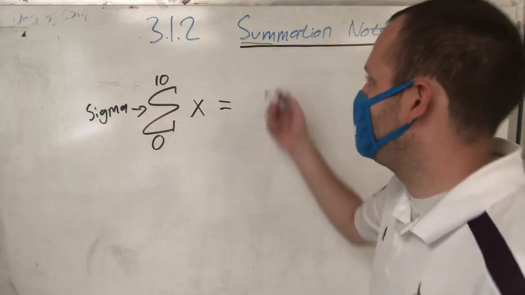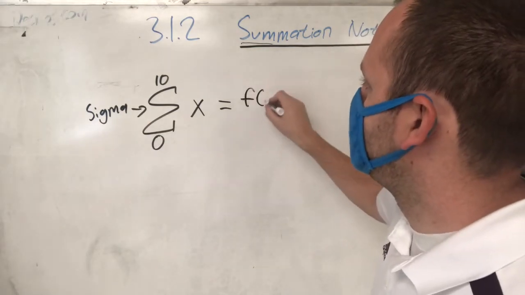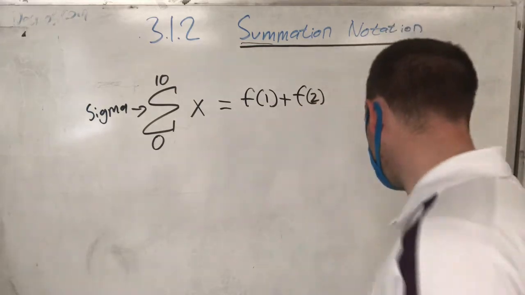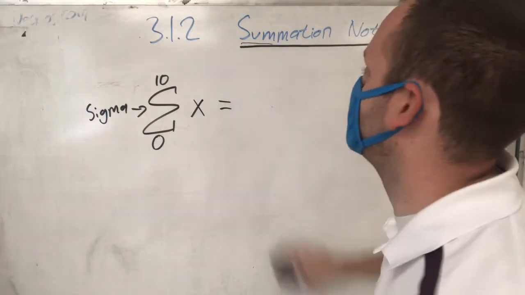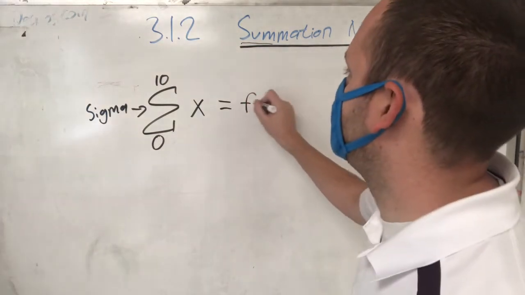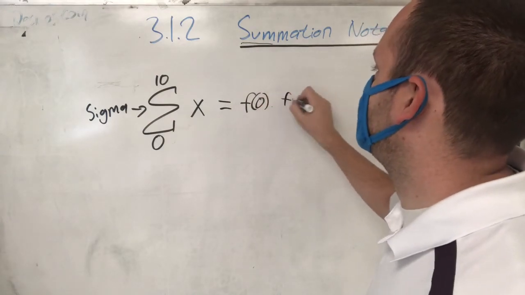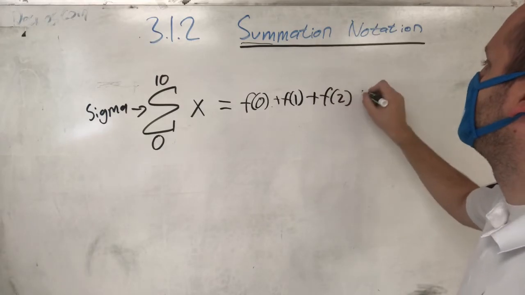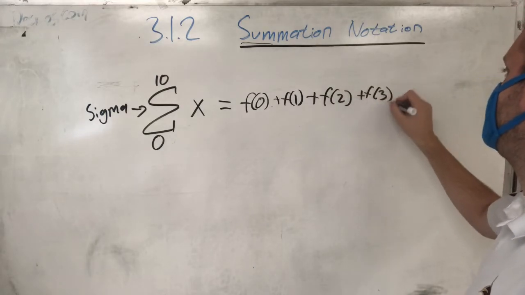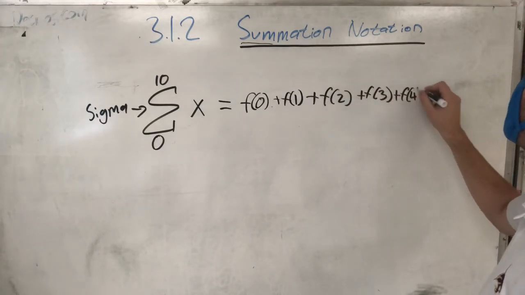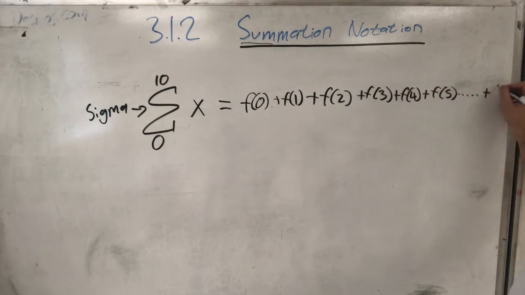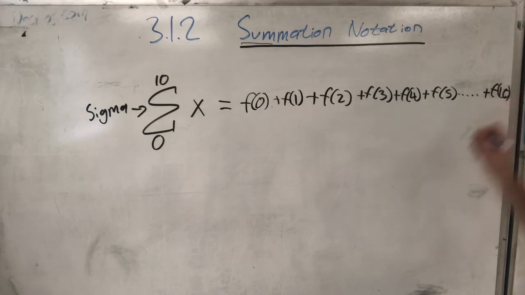So we've got f of 0, plus f of 1, plus f of 2, plus f of 3, plus f of 4, plus f of 5, and so on up to f of 10, because we're going from 0 to 10. Can you see all the way over there?